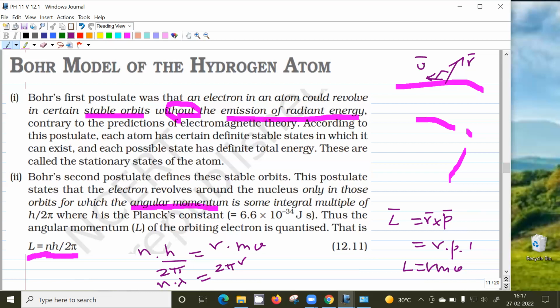So along this circumference 2 pi r, where n is 1, 2, 3, like natural numbers, along this circular path we should be able to fit n wavelengths. We cannot have 4.5 wavelengths along the circumference. We can either have 4 wavelengths, or 5 wavelengths, or 6 wavelengths, like that. This is the understanding of the second postulate.